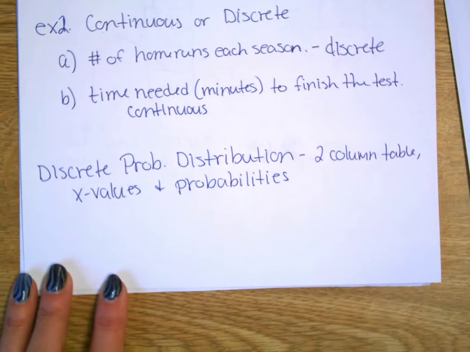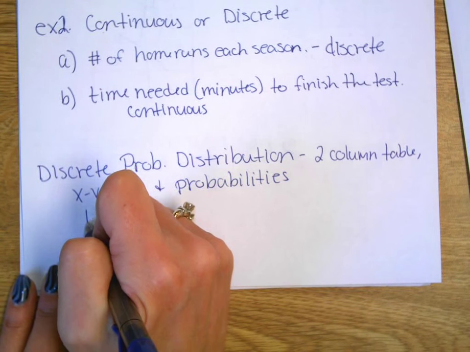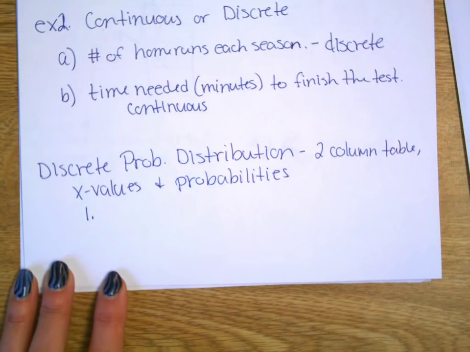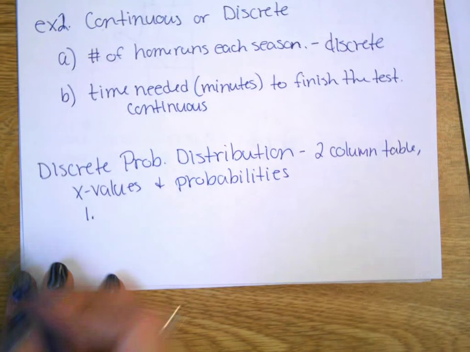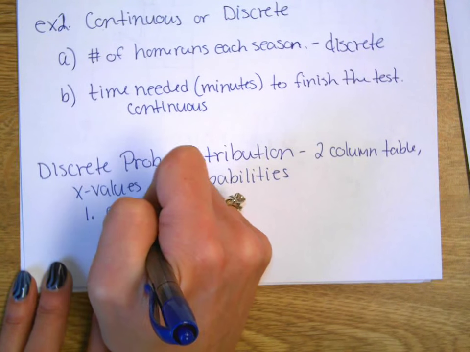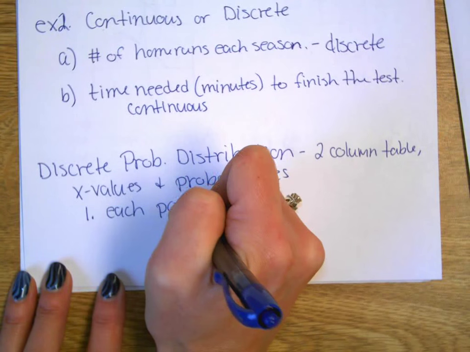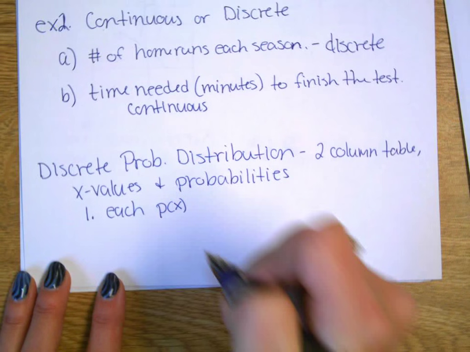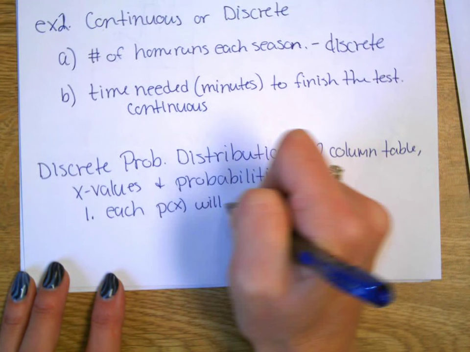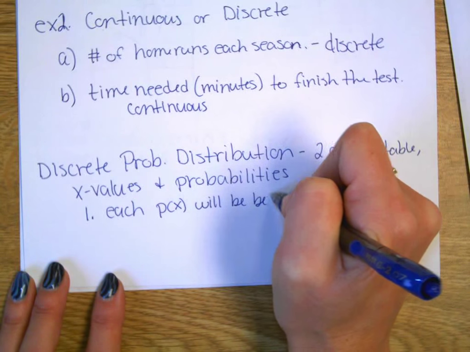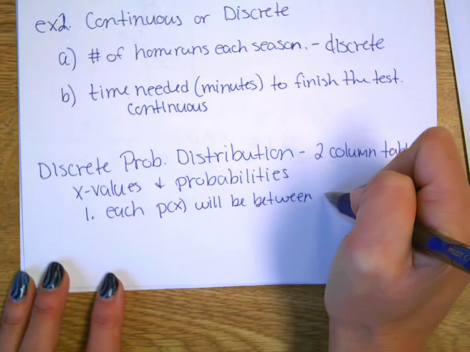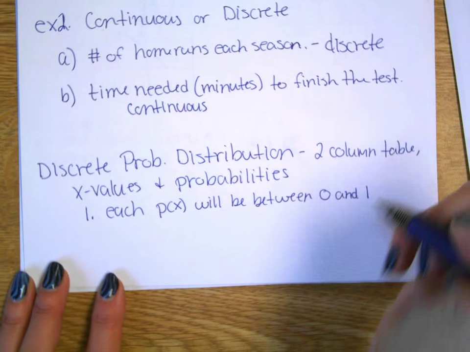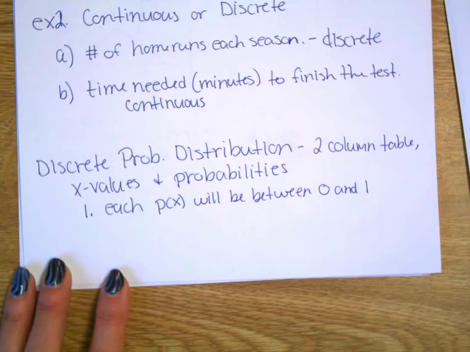Two things will be true about your table. Each probability will be between 0 and 1. That's our probability scale. Can a probability equal 0?